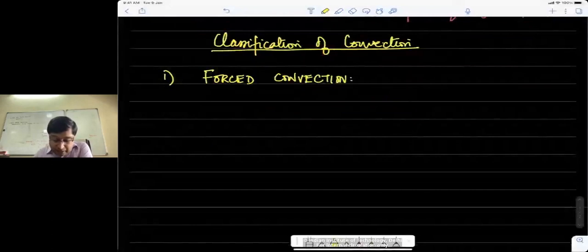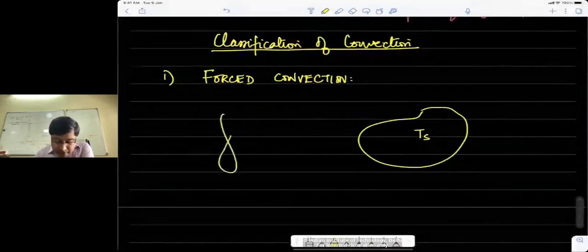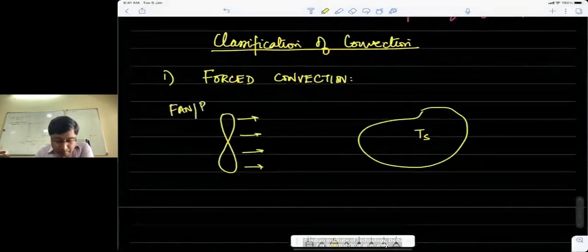The easiest way to imagine this is that it's actually the same as the earlier problem. So if you have some object at some temperature Ts, and let's say I'm blowing some fluid over this object by the use of a fan or a pump, or it could be a blower.